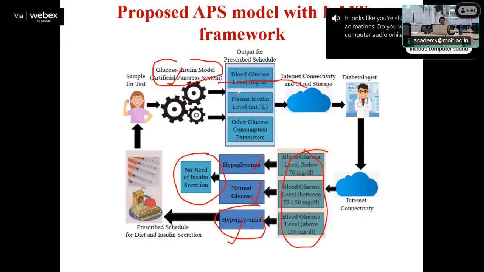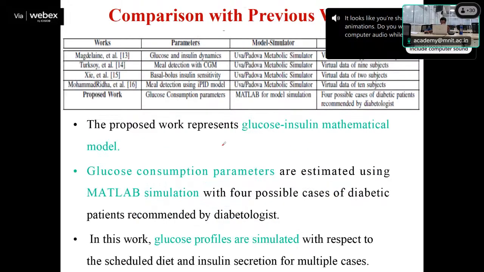So this loop will continue until I get below hyperglycemia, or ideally reach a normal glucose rate. If it is a normal glucose rate, then there is no need for any insulin injection. But if it is hyperglycemia, then I need to keep on injecting insulin inside the body till I get the normal blood glucose value.